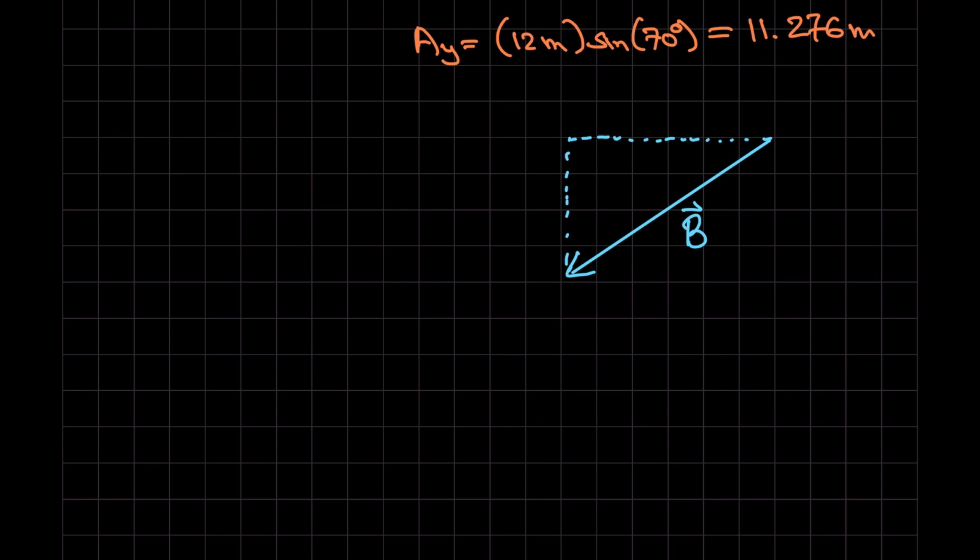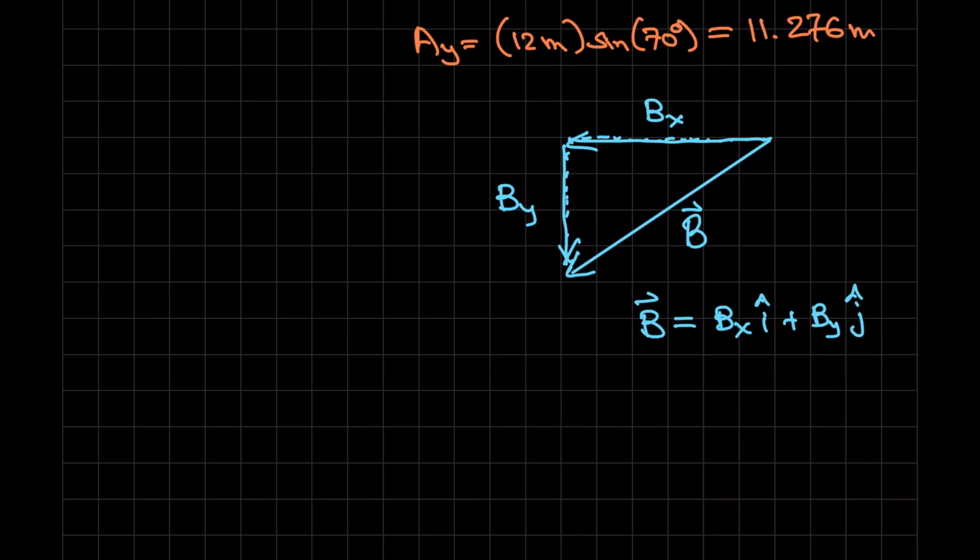So you have a certain component Bx going in that direction, and then you have a By going that direction. Together, if you add them together, that's what makes up B. So B generally can be written as Bx i hat plus By j hat.